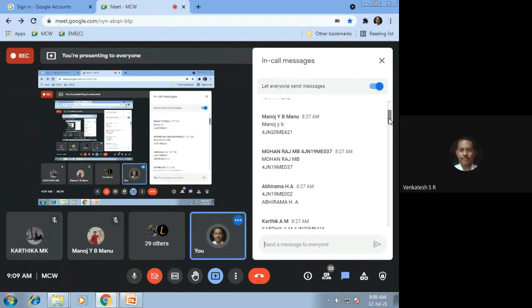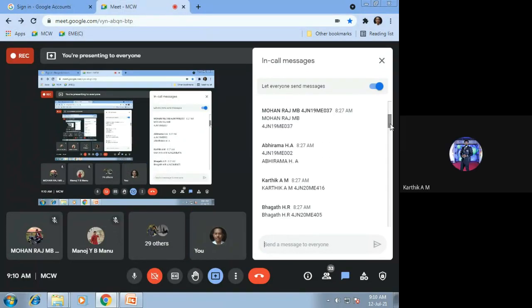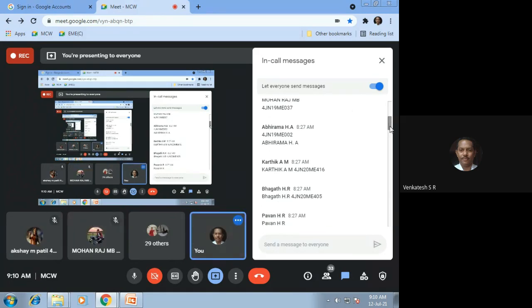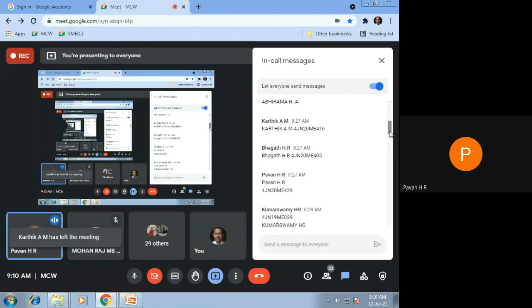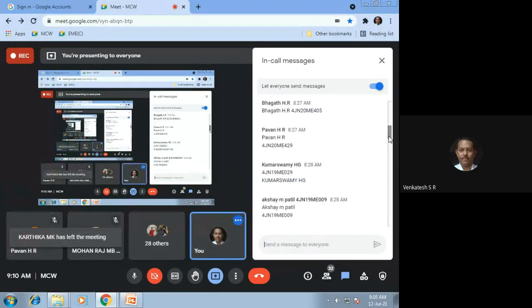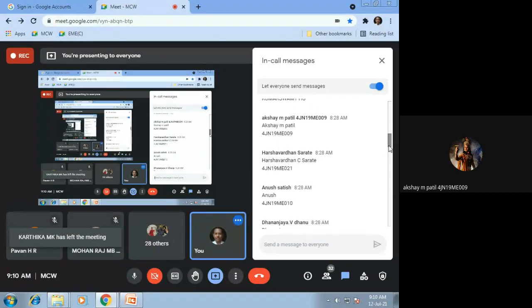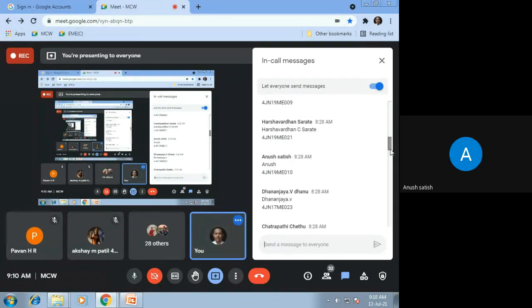Present, sir. Abhiram HA. Okay. Kartik AM. Sir. Bhagat HR. Pavan HR. Present, sir. Kumaraswamy. Akshay M. Patil. Present, sir. Harshavardhan. Anush. Present, sir.